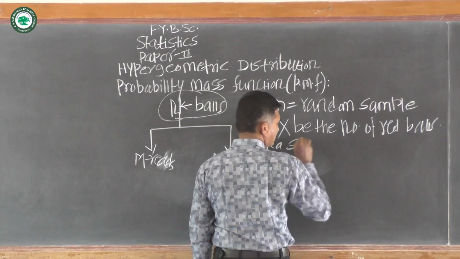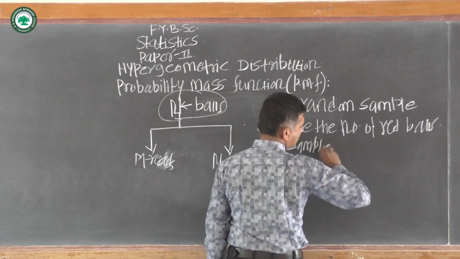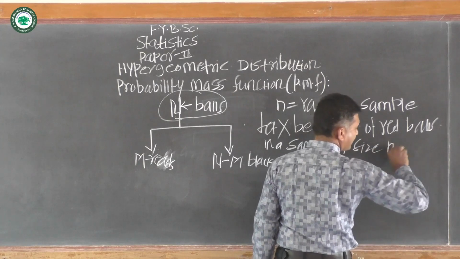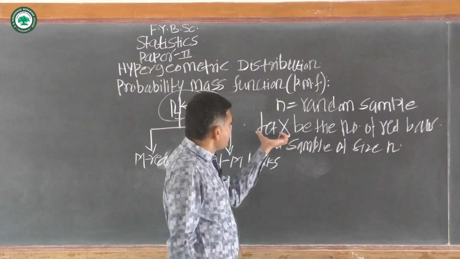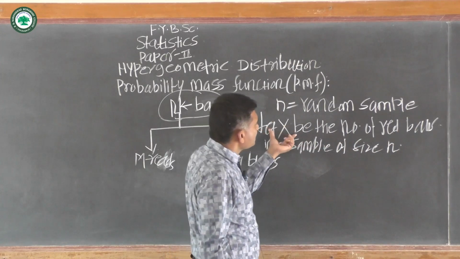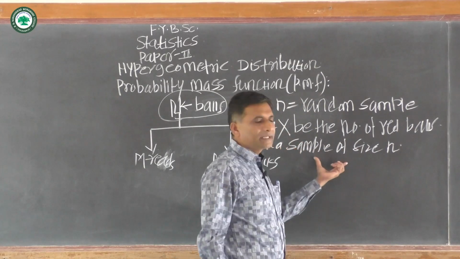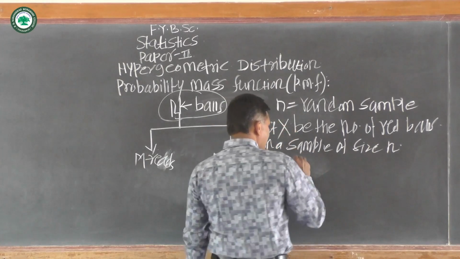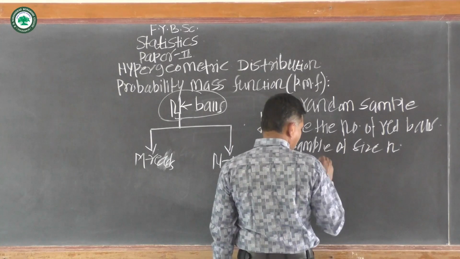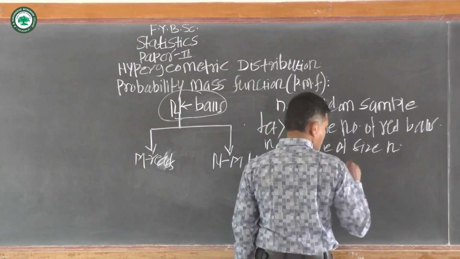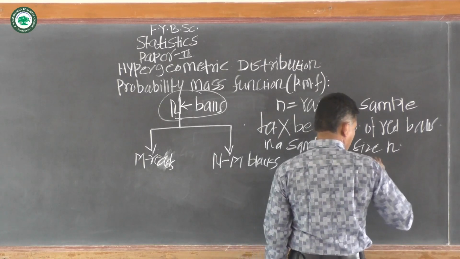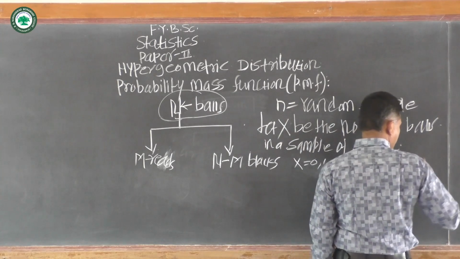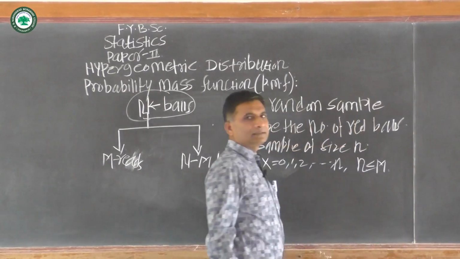This x is the random variable. This random variable is the number of red balls in a sample of size n. Thus the possible values of this random variable x are 0, 1, 2 up to n, assuming that n is less than or equal to capital N.